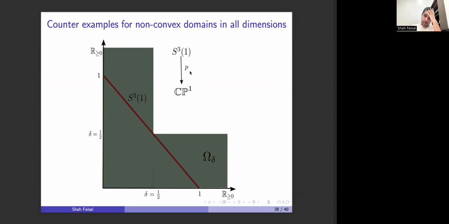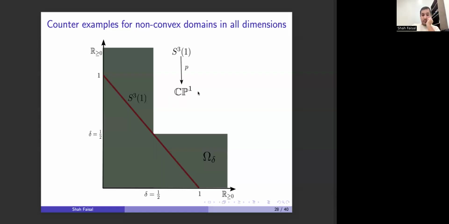Okay. And S3 in this toric image corresponds to this red line, which is basically the boundary of this triangle corresponding to the unit ball. So it's the boundary of the unit ball.